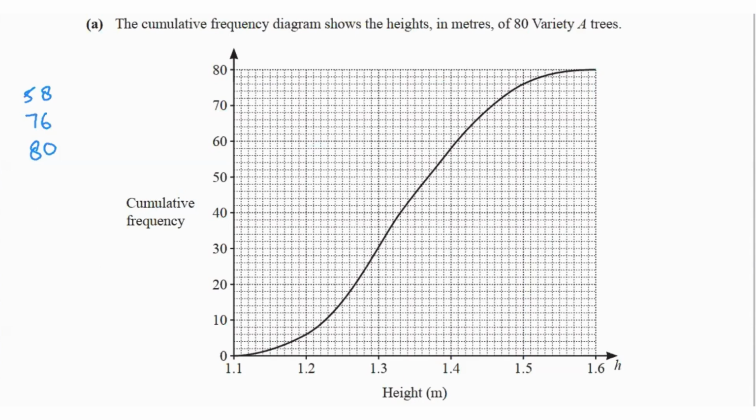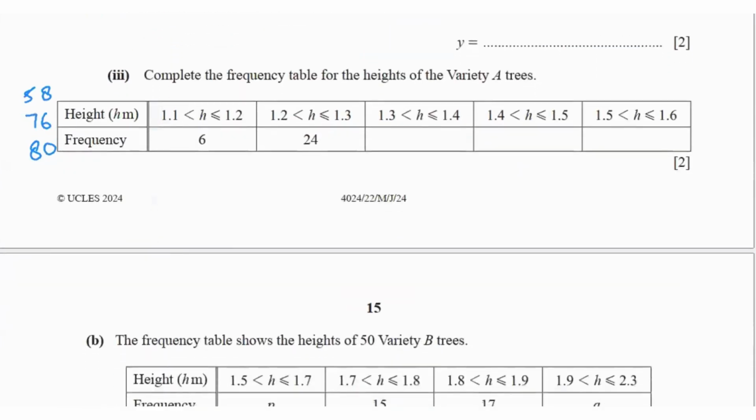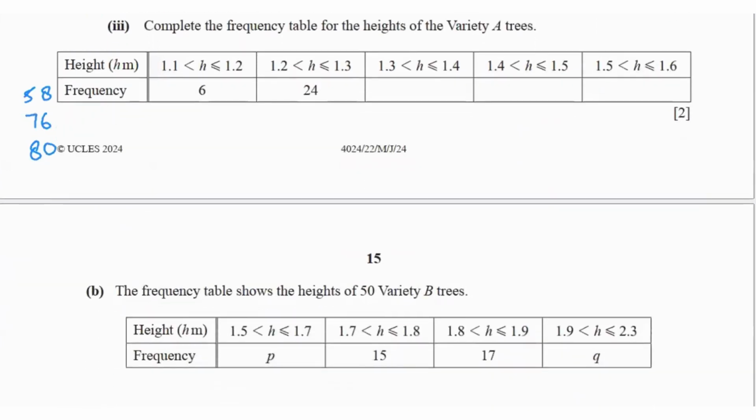So using these values, I'm going to find the frequency. So we know that 6 plus 24 is 30. And these are the cumulative frequency values. So if at 1.4, the cumulative frequency is 58, that means to find the frequency for this interval, we subtract 30 from 58, and that gives us 28.